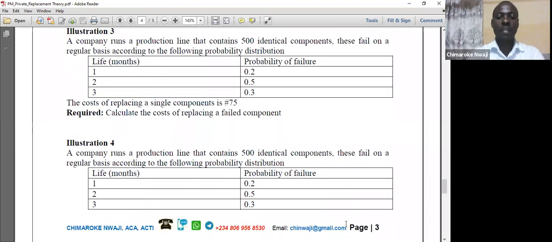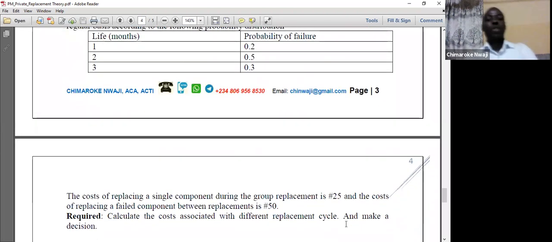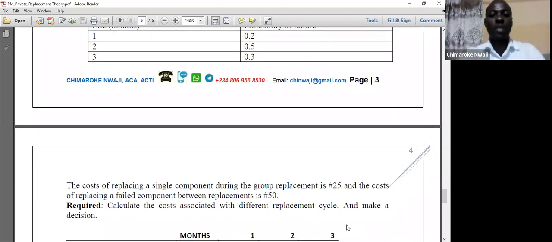Then we are also told that the cost of replacing a single component during a group replacement is 25 naira, and the cost of replacing a failed component is 15 naira.